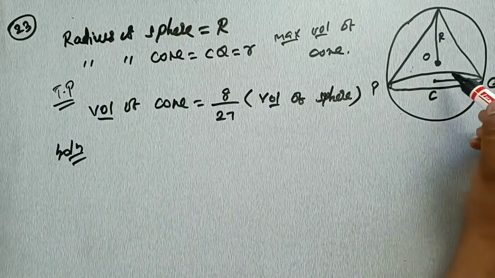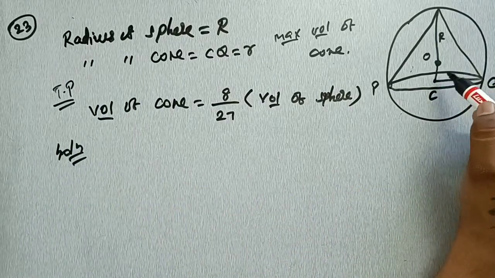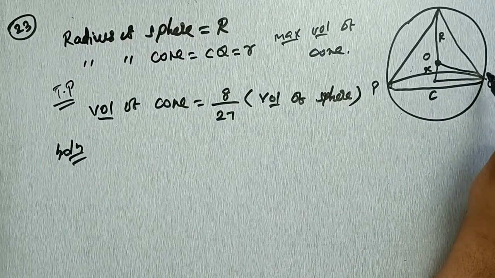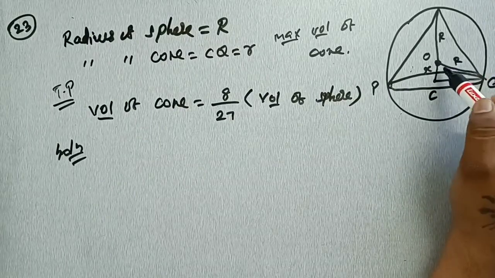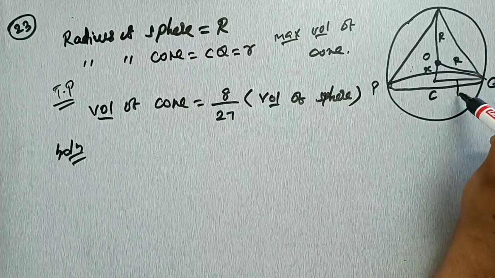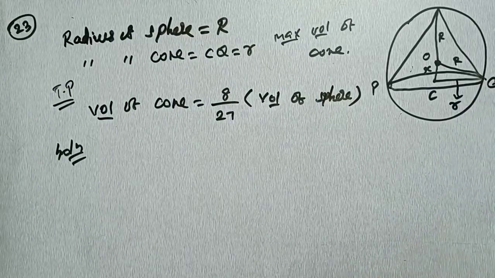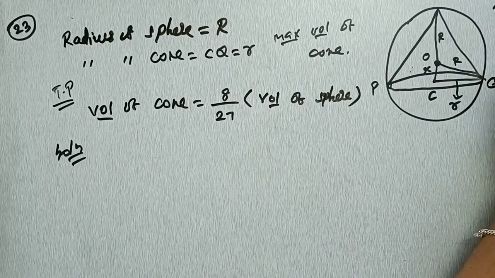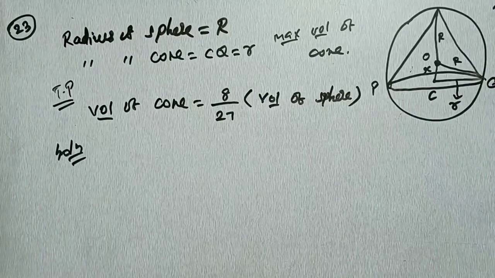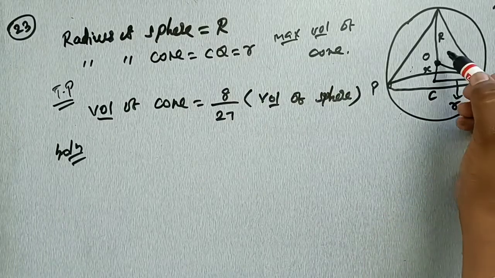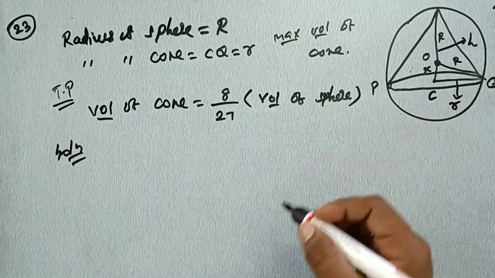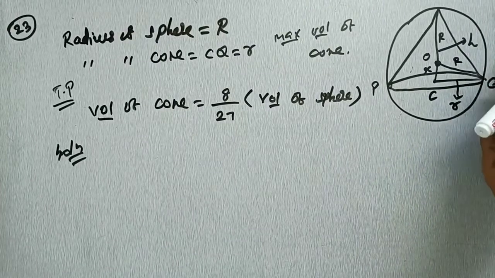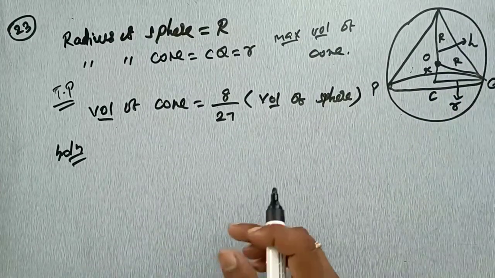Complete this diagram. From O to C, I don't know the value, so I take it as x. This length is the same as capital R because it is the radius of the sphere. The CQ I have taken as small r. Similarly, the height of the cone, AC, I consider as H. Now come to the question: we have to maximize the volume of the cone.